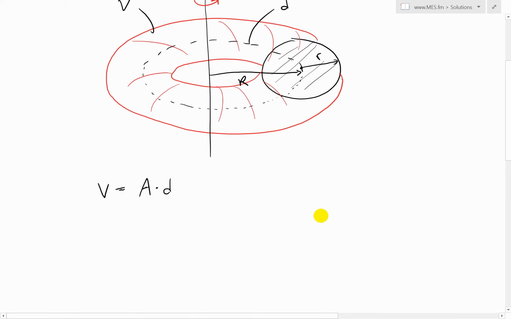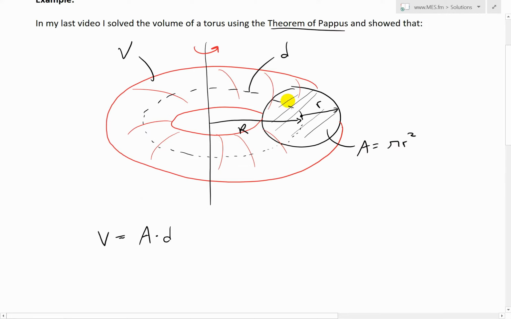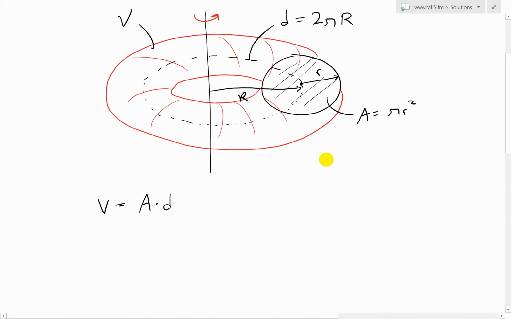In our case, the area of the circle is just pi r squared. The distance that the centroid travels is the circumference of a circle with radius capital R, the distance to the centroid, which is 2 pi R, like I showed before.